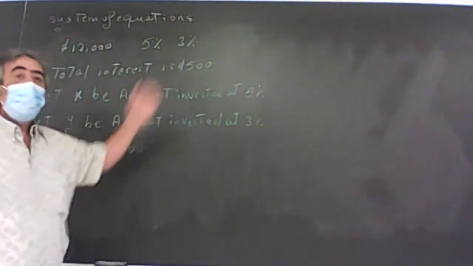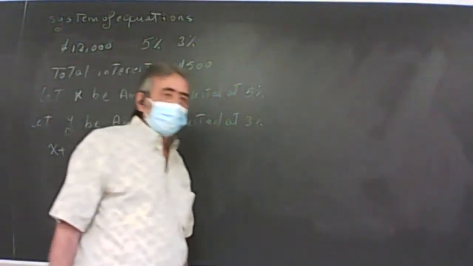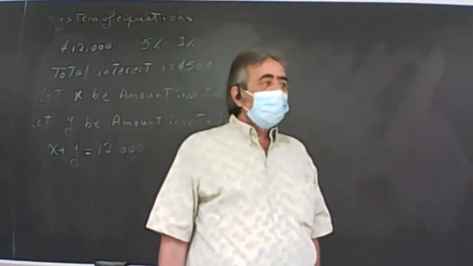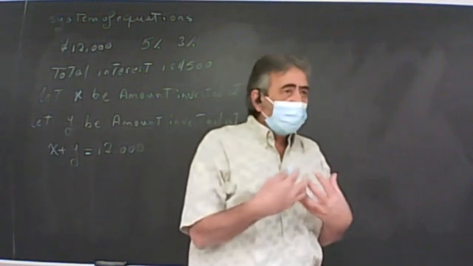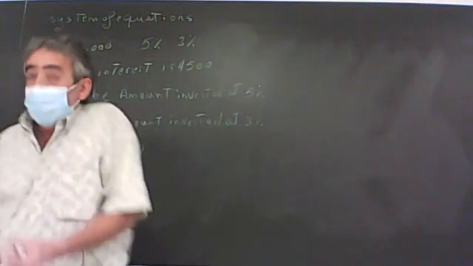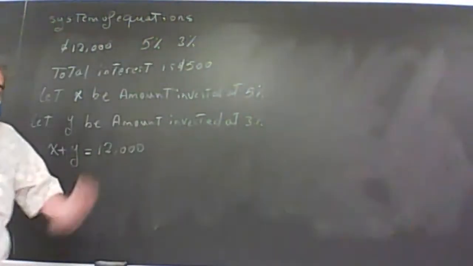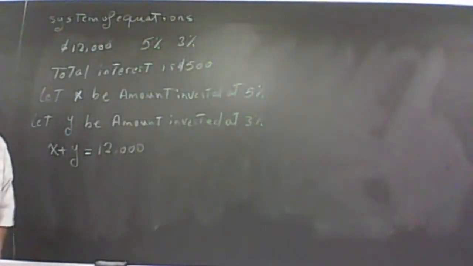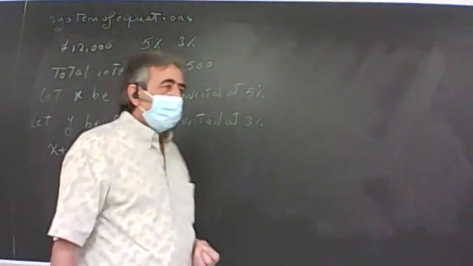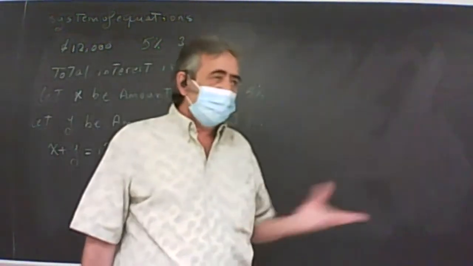Now let's think about the other numbers. What does the 500 represent? The interest from the x and y. Good. So how do I get the interest from the x? 5% of x, exactly.